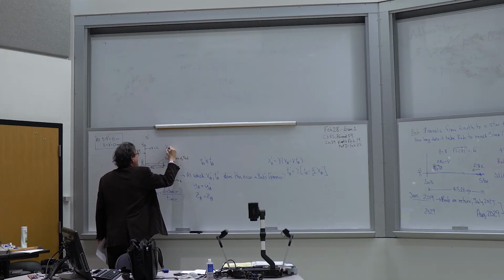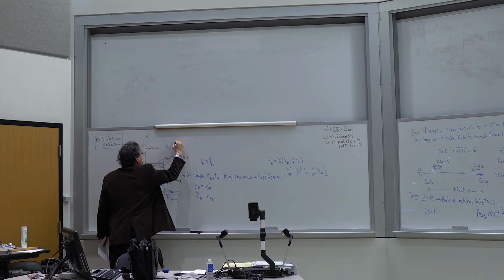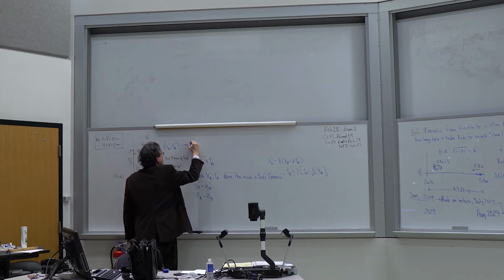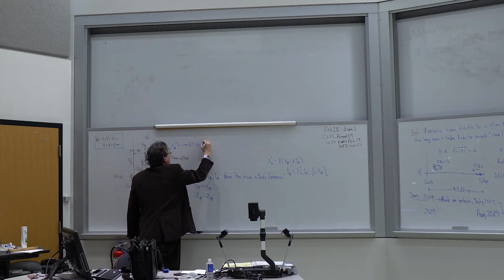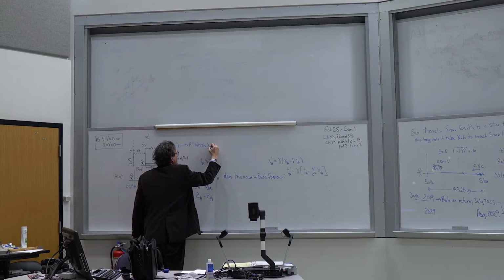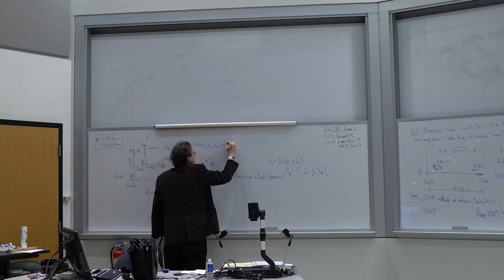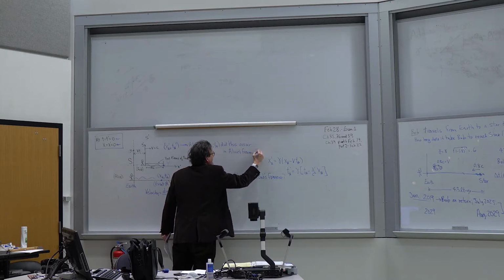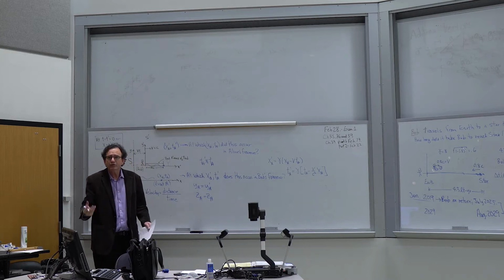This event A occurred at XA prime, TA prime in Bob's frame, and I now ask the inverse question: at which XA, TA did this occur in Alice's frame? Okay? So it's the inverse question.